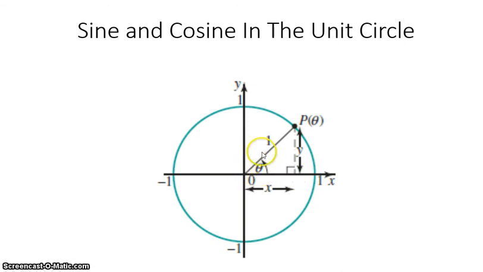We know that cosine of any angle in the unit circle is equal to the adjacent side over the hypotenuse. Now in this case, cosine of this angle here is equal to the adjacent side divided by 1. This means that this adjacent side here in my right angled triangle will always be equal to cosine of this angle.